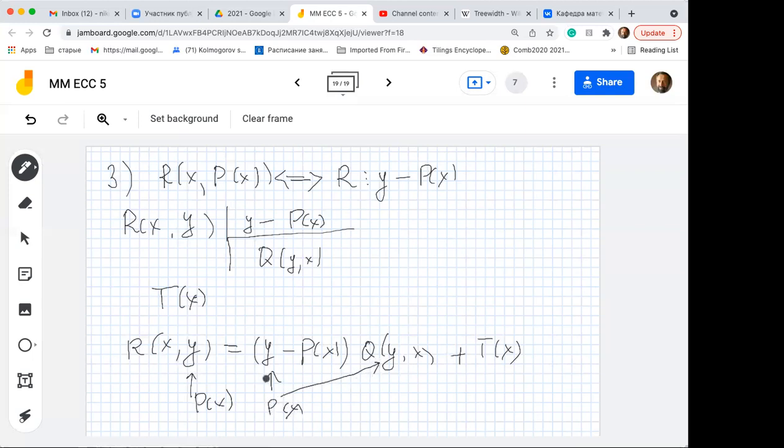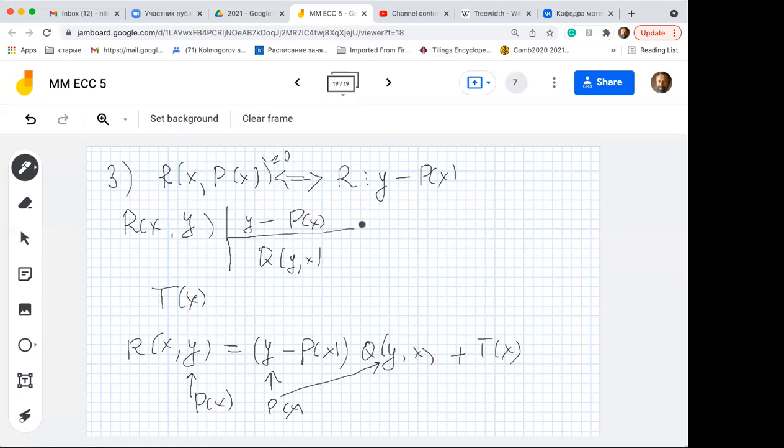We see that the right-hand side becomes t of x, and the left-hand side becomes 0, by our assumption that r of x, p of x is 0. And so t of x is a zero polynomial. That means that r is indeed divisible by y minus p of x.